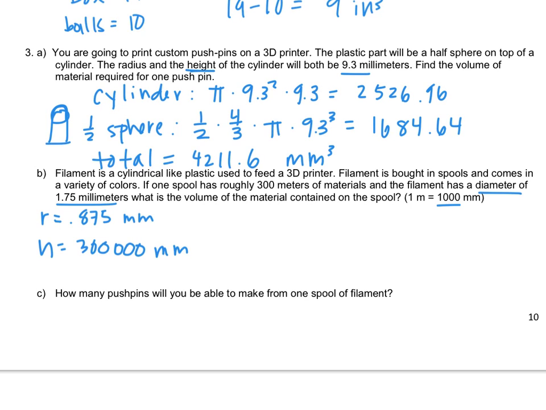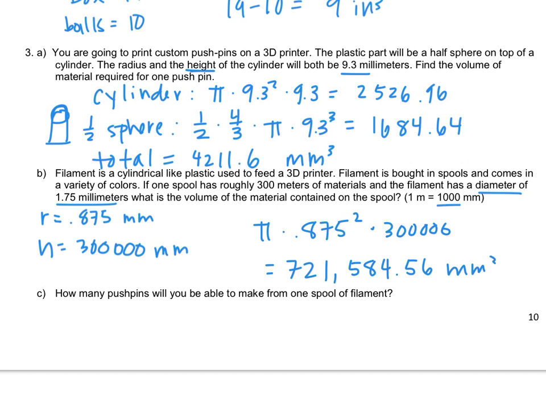So now just our cylinder formula, pi times radius squared times height. And we get a pretty big number here, 4.56 times 10 to the 5... millimeters cubed.